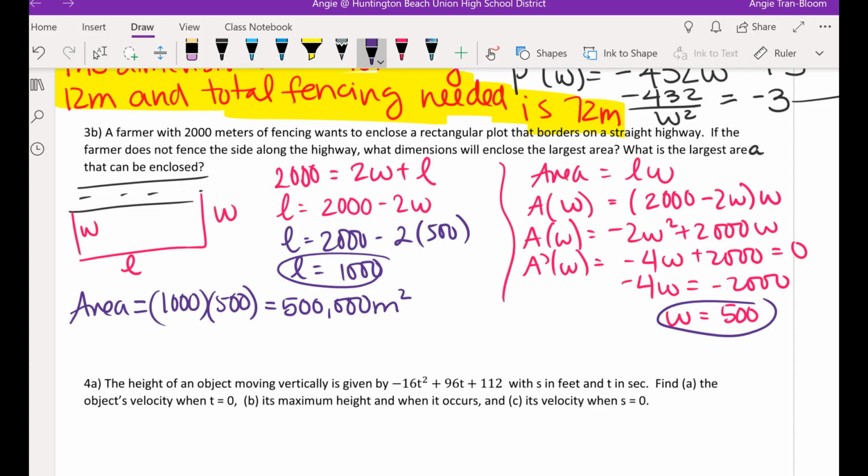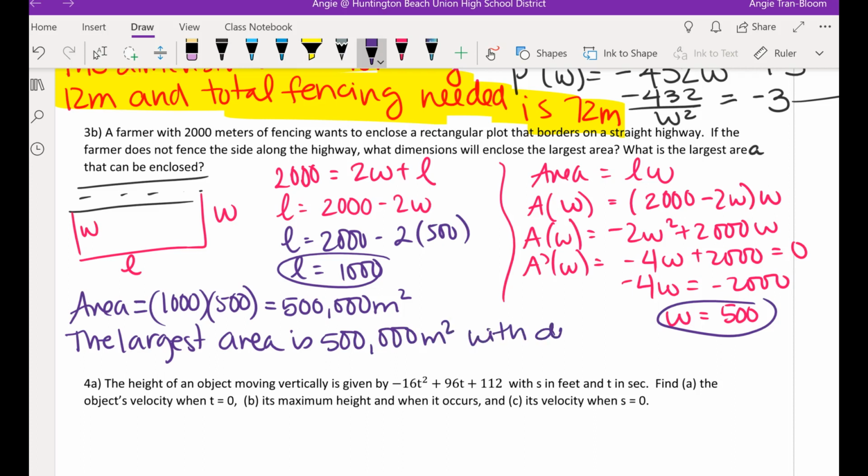And the measurement is square. So let's write a complete sentence with all of those values. The largest area is 500,000 meters squared with dimensions 500 meters by 1,000 meters, and box that up.